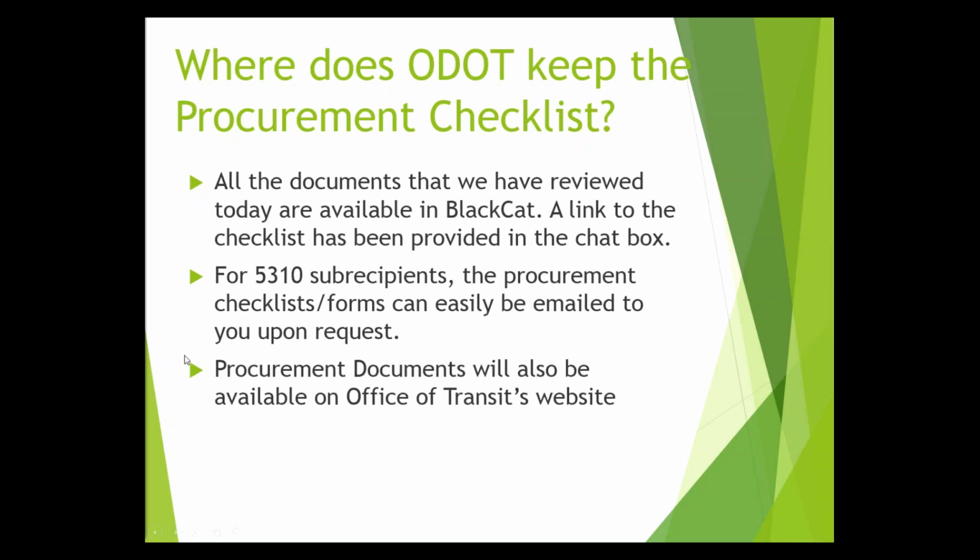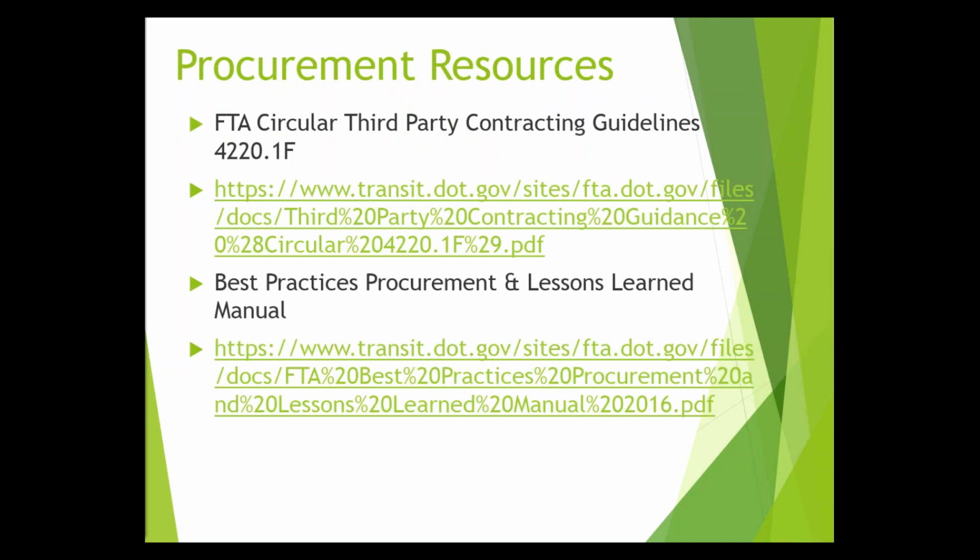So, some other resources for you. In addition, 4220.1F is the Bible of FTA procurement. You should read through it at least once in your lifetime, just for the joy of having done so.